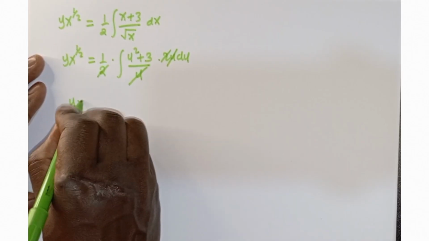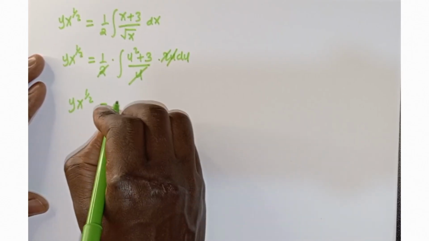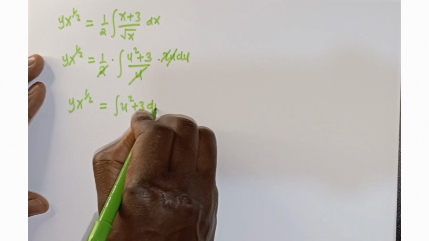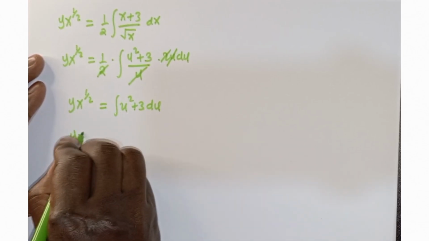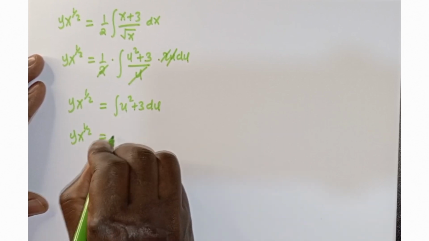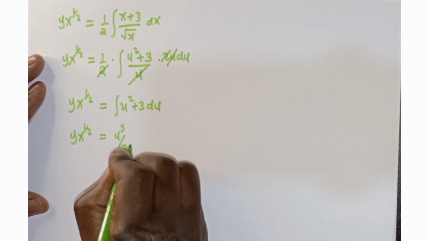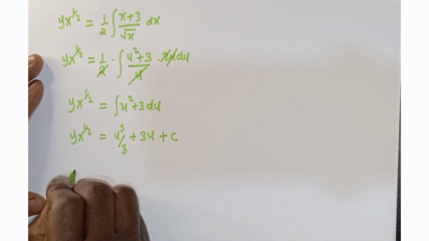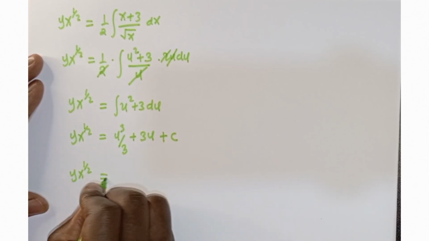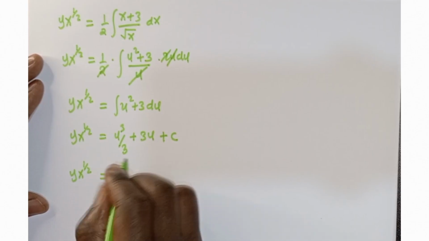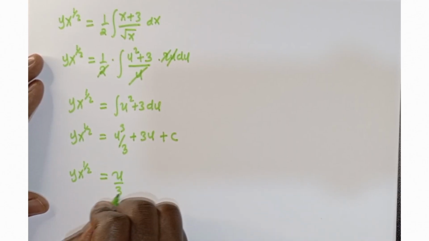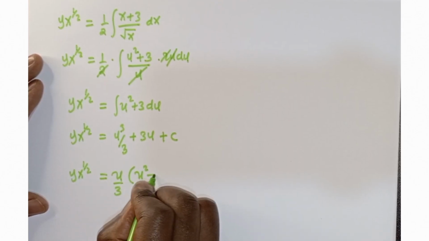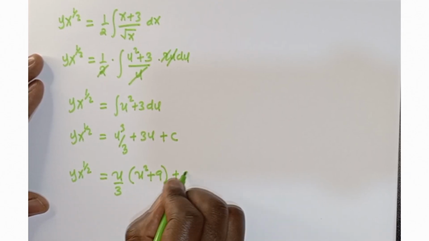So we shall have y x to power half is equal to the integral of u to power 2 plus 3 du. So y x to power half is equal to u power 3 out of 3 plus 3u plus c. We can pull out a u out of 3, remaining with u squared plus 9, plus c.